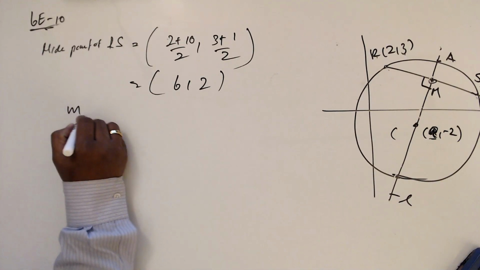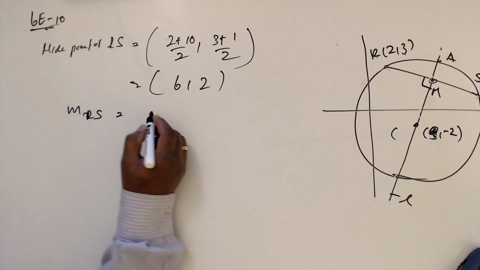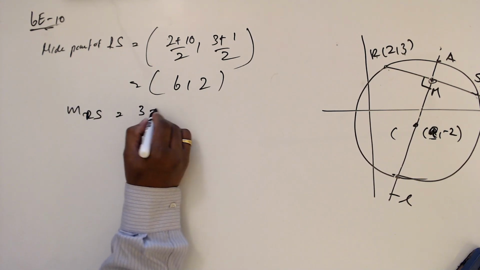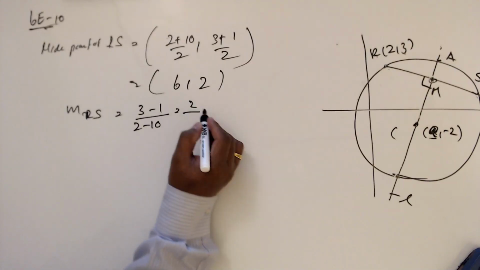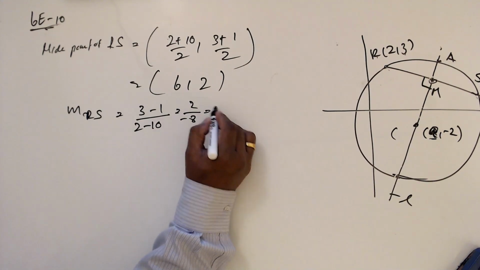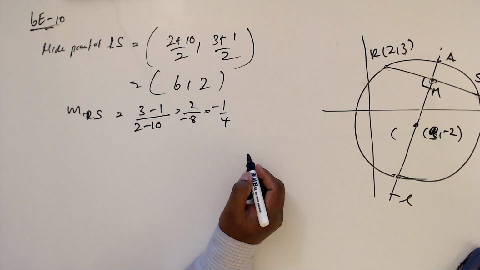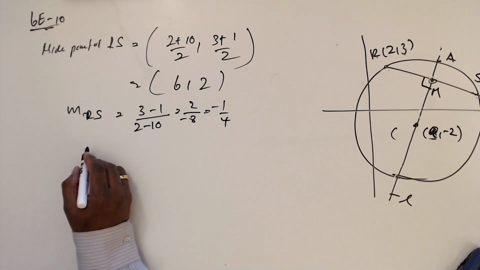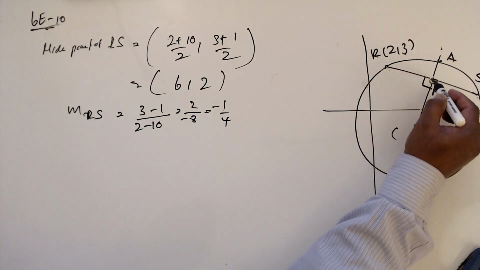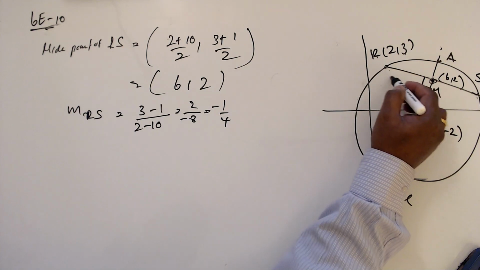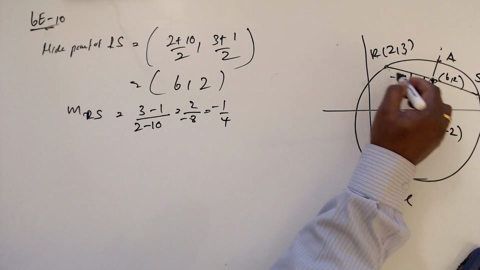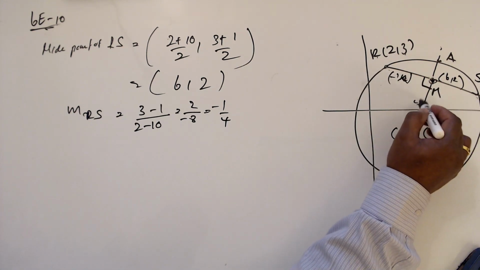Now the gradient of RS is y1 minus y2 divided by x1 minus x2, which is 2 over minus 8, minus 1 over 4. So I have the point 6, 2 and the gradient minus 1 over 4. Now I know this gradient has to be 4.